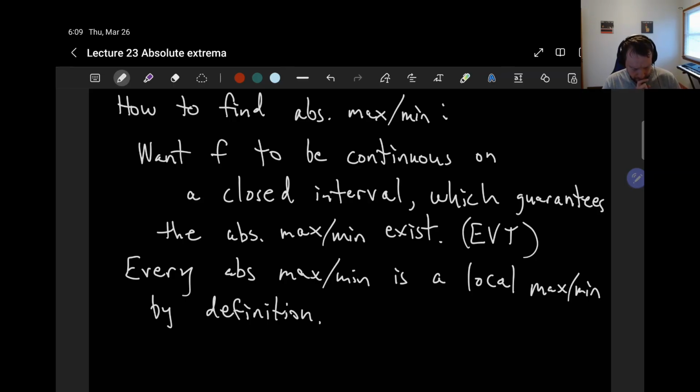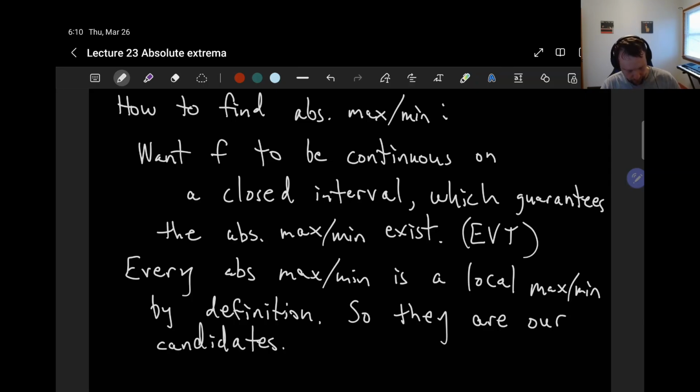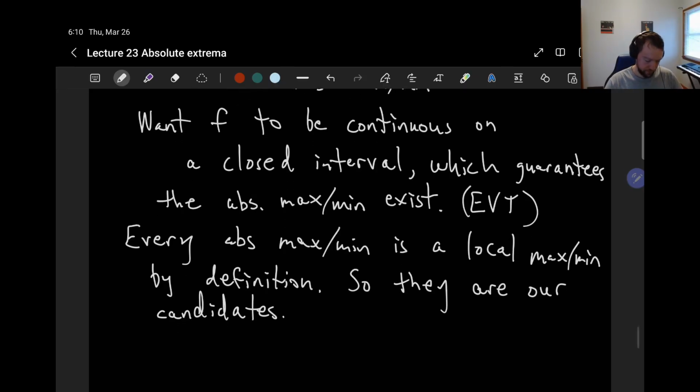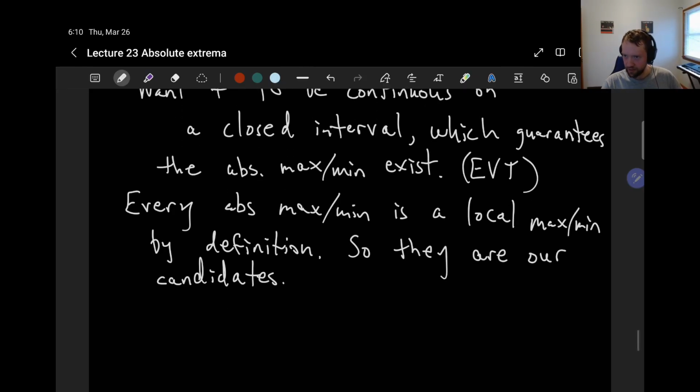Every absolute maximum and minimum is a local maximum and minimum by definition. So they are our candidates for absolute extrema. The local ones are, that is. So I find the local extrema, or relative extrema, and then I'm just going to compare which one gives me the highest and lowest values.